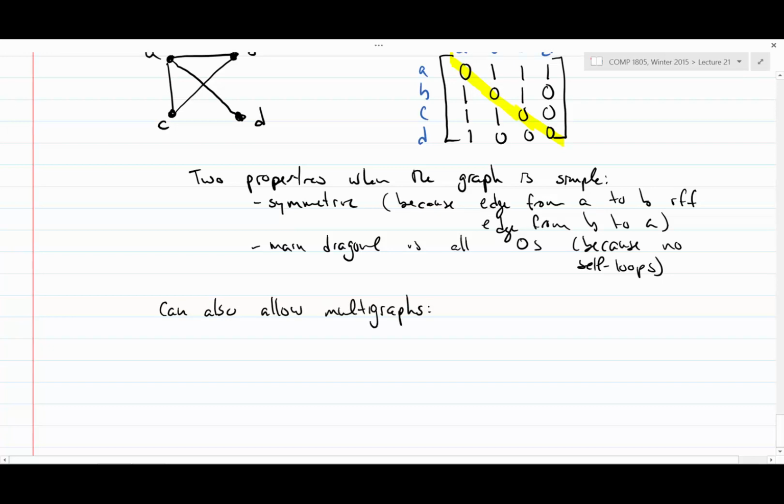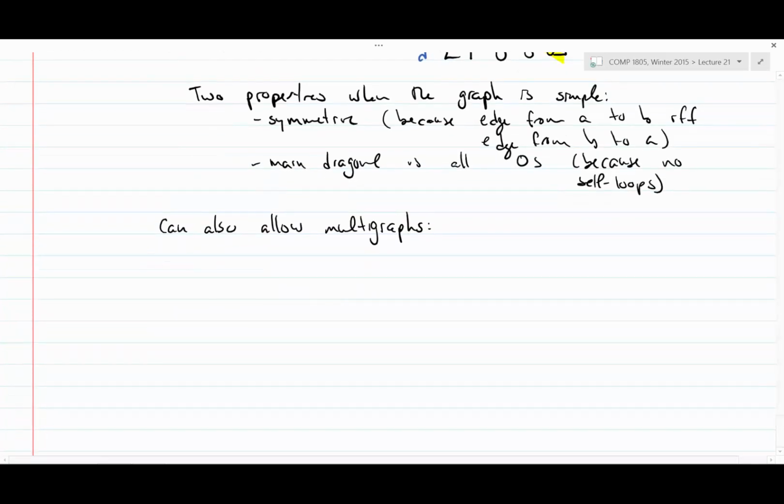So if you want to support multigraphs, as an example, I'll even say directed multigraph. So let's say I have A, B, C, D, and I have an edge here, here, let's say there, there, there, there, and there, say.